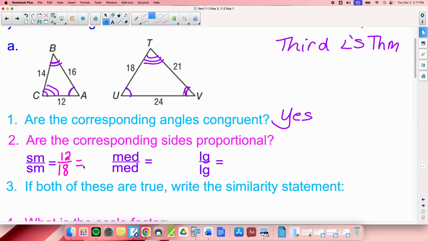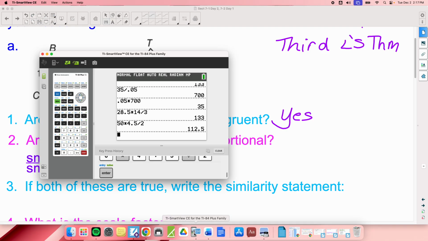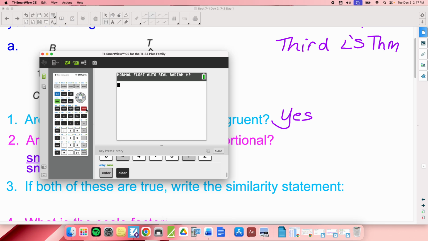Now, this is what the graphing calculator does for you in case you struggle reducing fractions. Let's say you're somebody that 12 over 18, I'm not quite sure what goes into both, I'm not confident I did this right. You can go to your graphing calculator and you can do this.